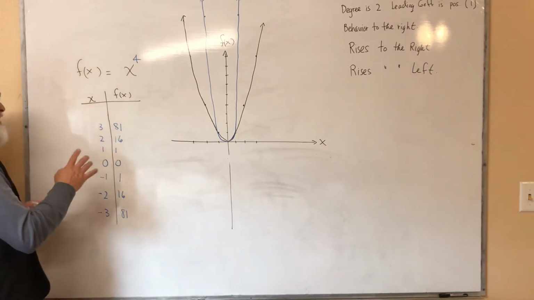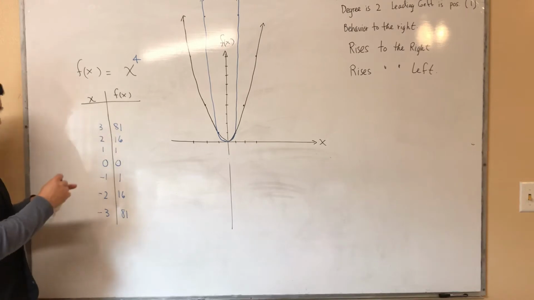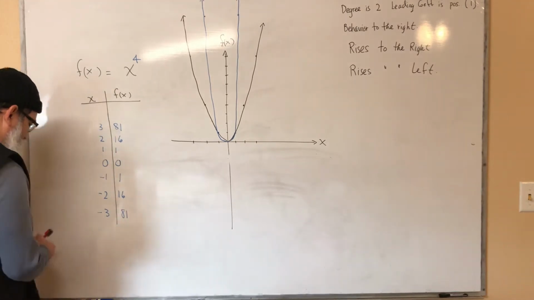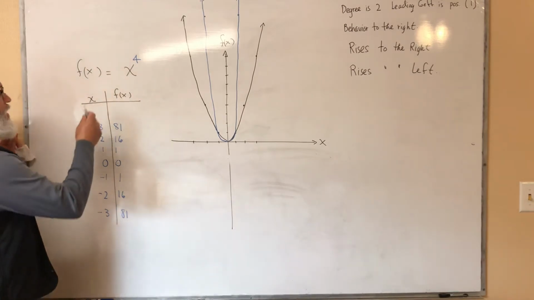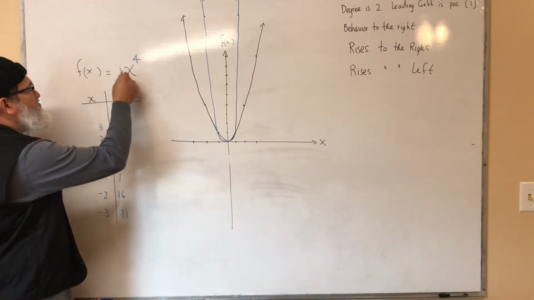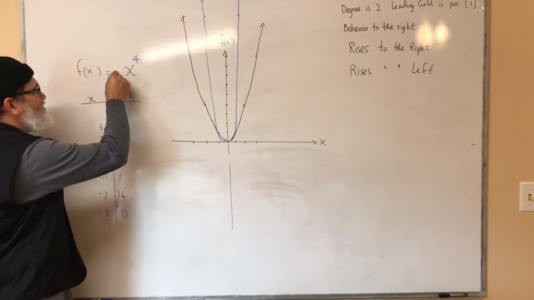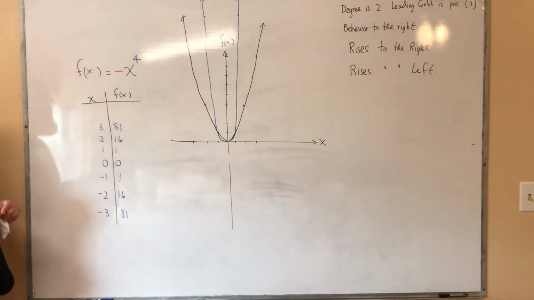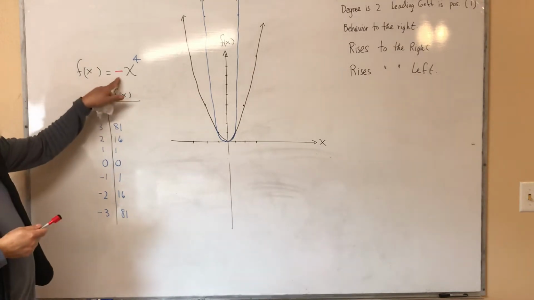I'm going to change this f of x, and I'm going to use a different color, and I'm going to put a negative in front, right there. So now we have f of x equals negative x to the fourth.